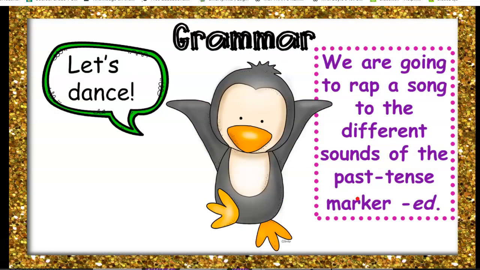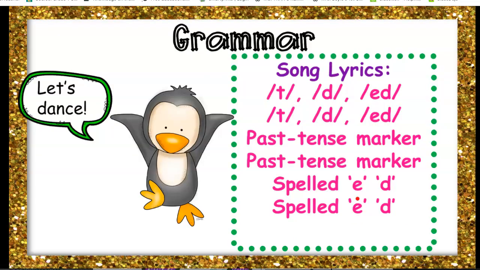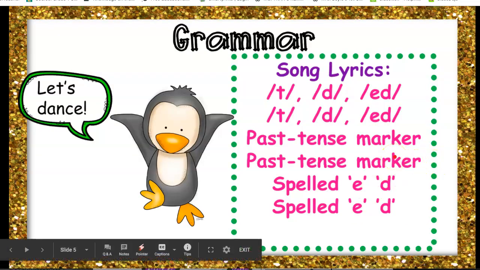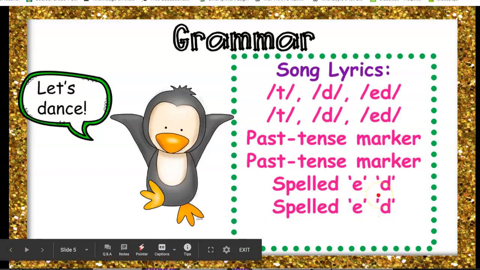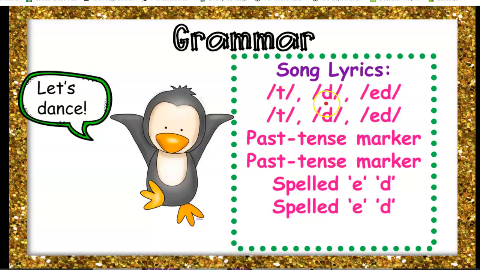And when we were in our classrooms, we had our little past tense marker song. Past tense marker, past tense marker, spelled ED, spelled ED. And again, that past tense marker spelled ED can make the t sound, the d sound, or ed at the end of the word.